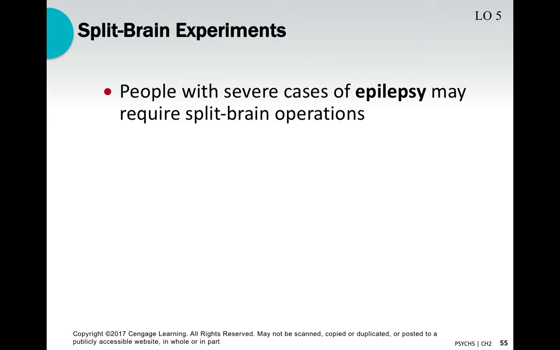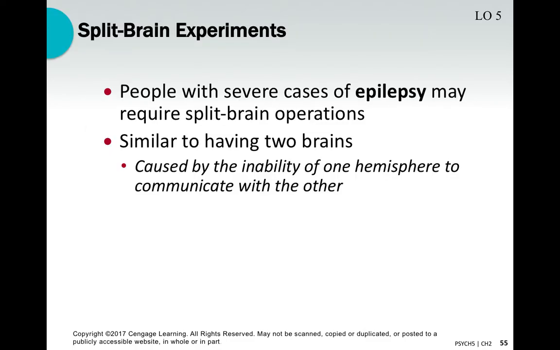For example, somebody who is having dozens of grand mal seizures a day, is not responding otherwise, and can't function normally because of this. A split brain operation might be the way to go. Split brain literally severs the corpus callosum, severing the two halves. It's like having two brains, acting independently of one another.